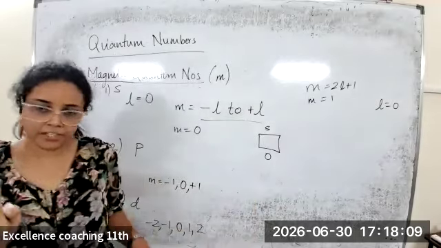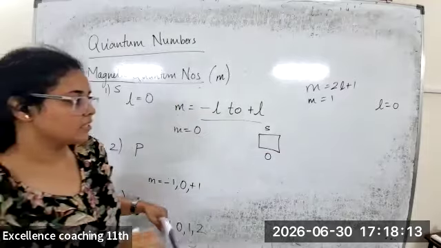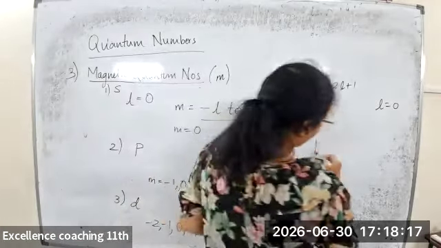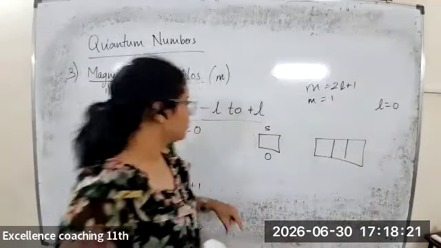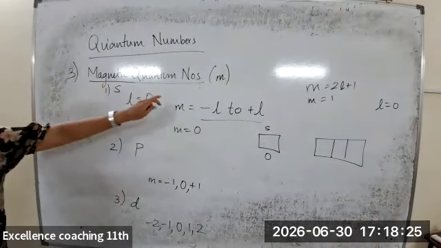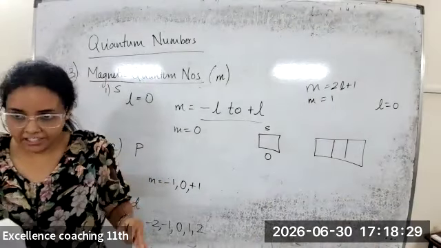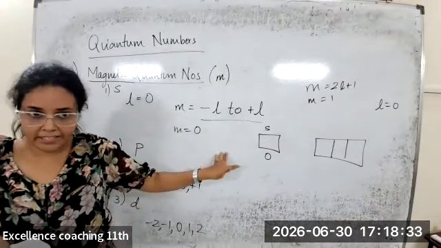It can have just one value, that is 0. Which means, if I compare your S with your P, what information did we get from the magnetic quantum number? I said magnetic quantum number tells the orientation, like how the electrons are arranged in that particular atom.